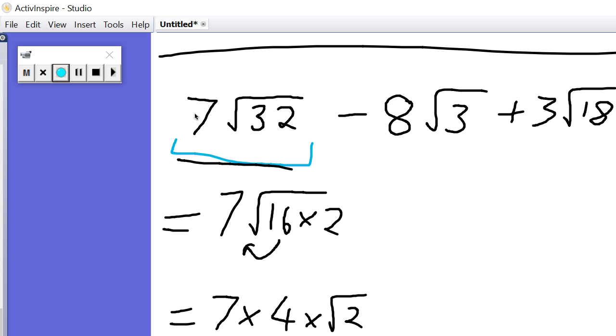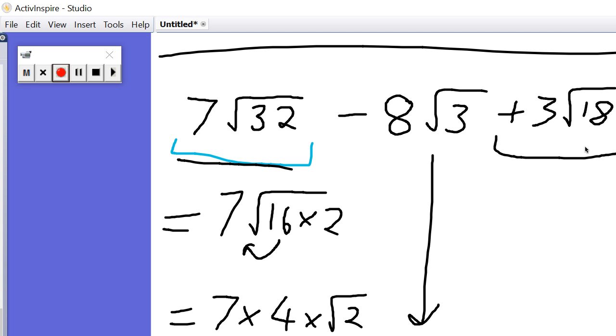Now, root 3 can't be simplified any further, so we're just going to take it all the way down to the bottom here and say we're minusing 8 lots of root 3. Let's have a look at this one here then. 3 lots of root 18. Well, 18 is 2 lots of 9, or 9 lots of 2.